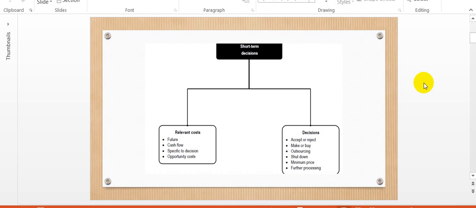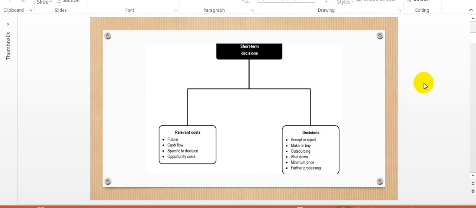And then we also use it in price minimization, where you want to decide whether you should minimize the price on a product. And lastly, but not the least, you could also use it where a process needs further processing. You want to decide whether you should sell it as it is or process it further so that you're able to sell it at a higher price.